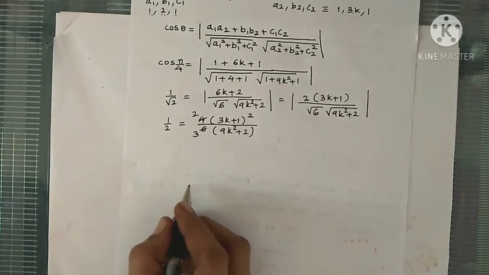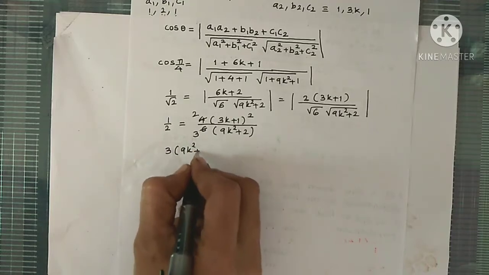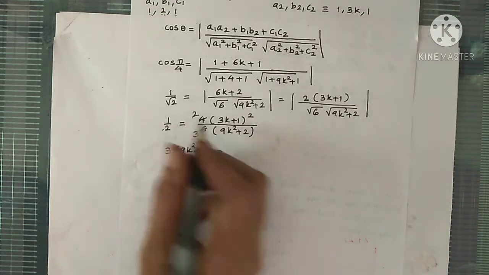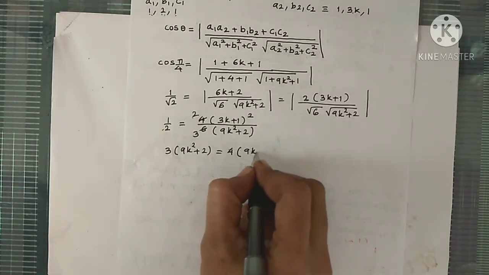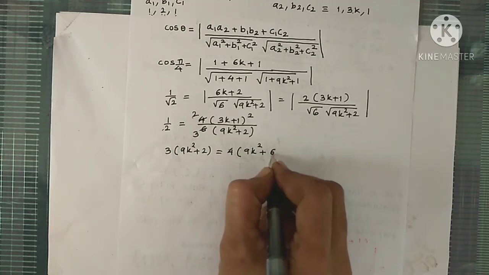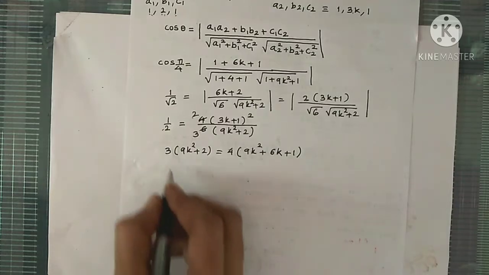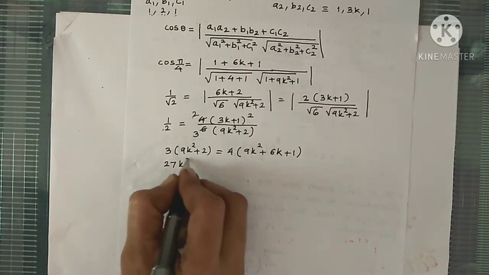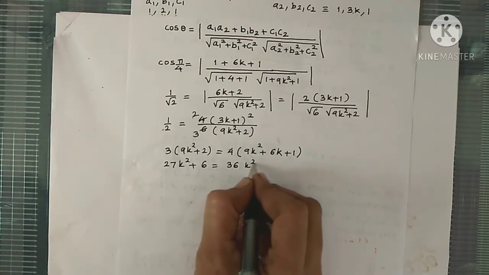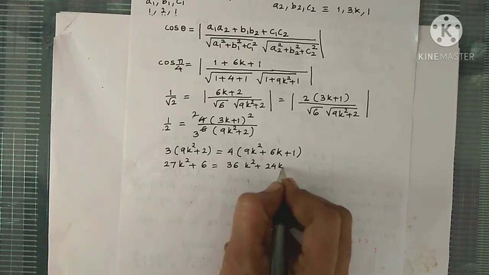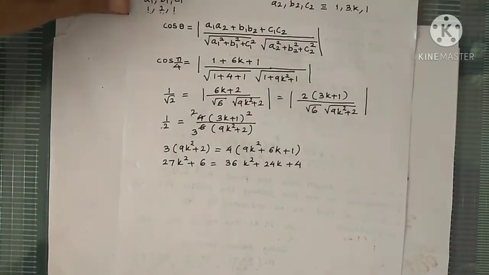So cross multiplying, we get 3 into 9k square plus 2 equals 2 into 2, 4 into 3k plus 1 square. Squaring, we get 9k square plus 3 into 2 into 1k, that is 6k, plus 1 square is 1. So this is 27k square plus 6 equals 36k square plus 24k plus 4. So this is a quadratic equation in k.